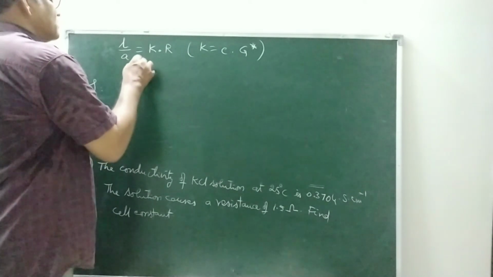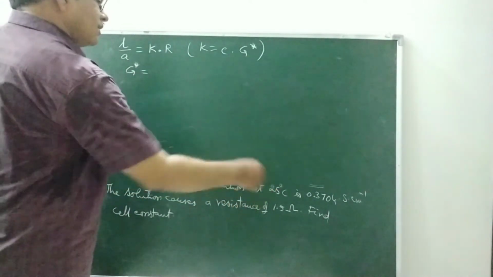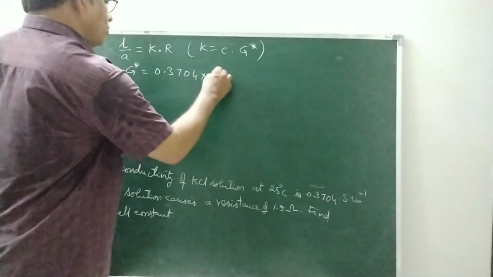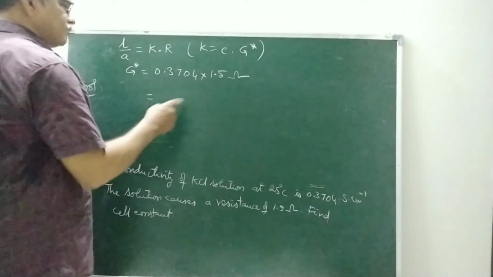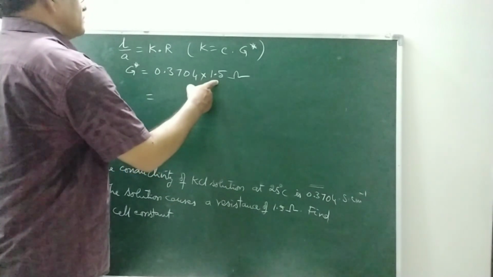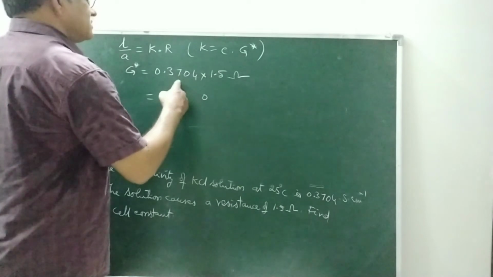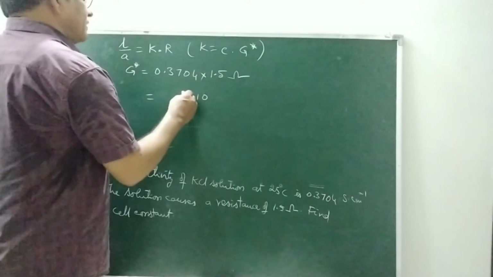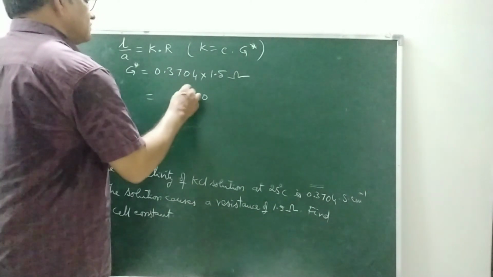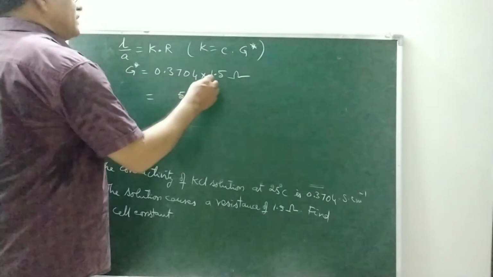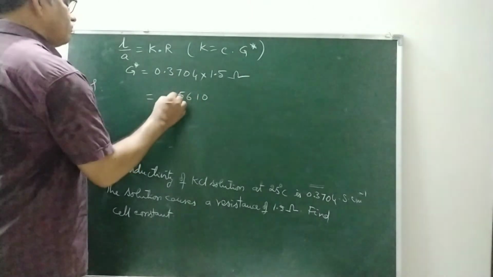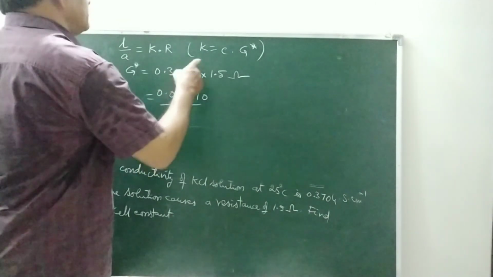So L by A, G star, is equal to K value 0.3704 into R value 1.5 ohms. 15 fours are 60, 105 plus 6 is 111, 45 plus 10 is 55. So that becomes 0.5556 centimeter inverse.